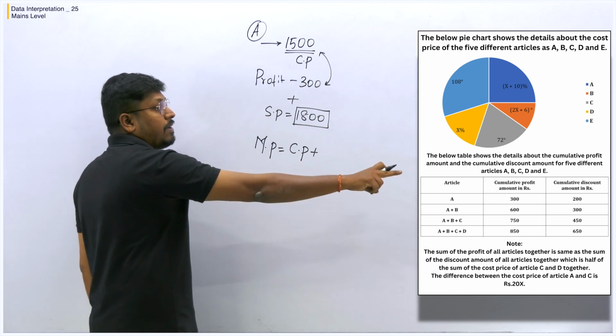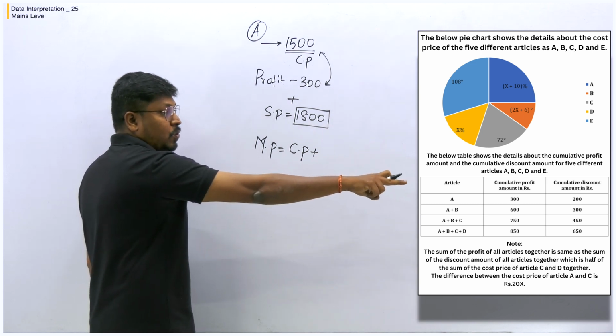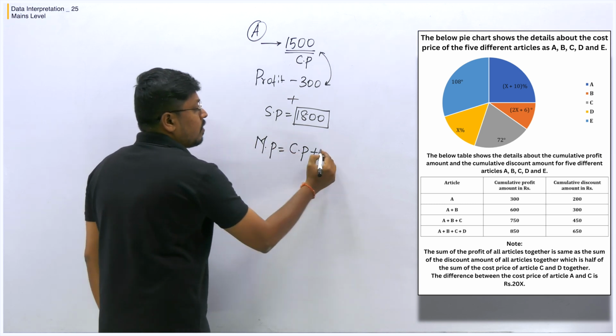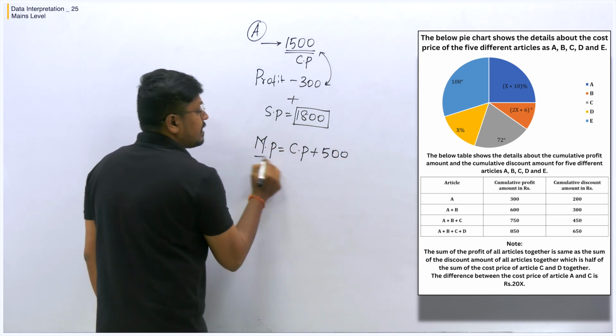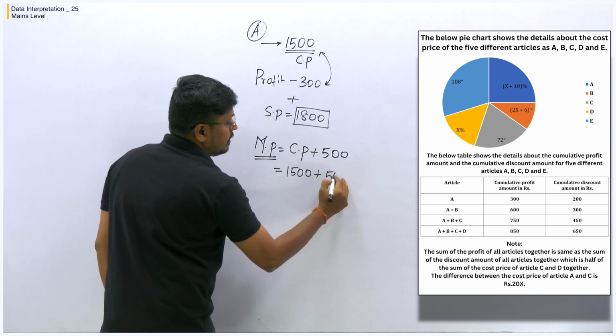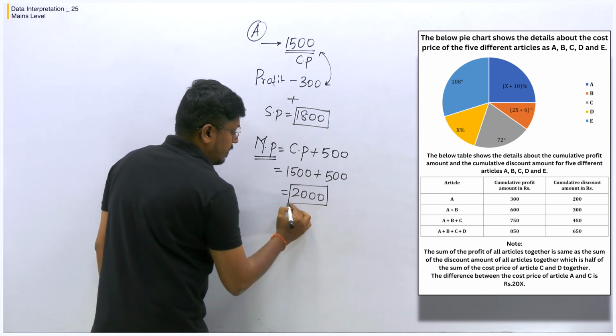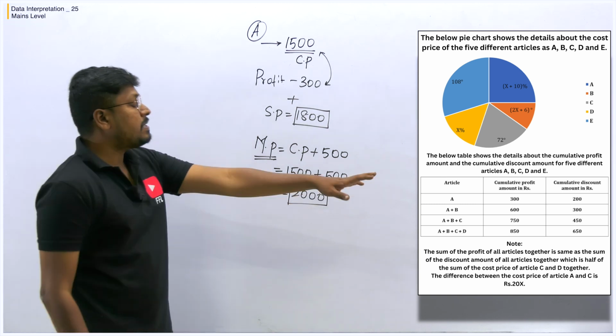So according to the chart value, what is the profit? 300. And what about the discount value? 200. Total is how much? 500. So cost price plus 500, the resultant will be the marked price. 1500 plus 500 is 2000. So 2000 is the marked price.